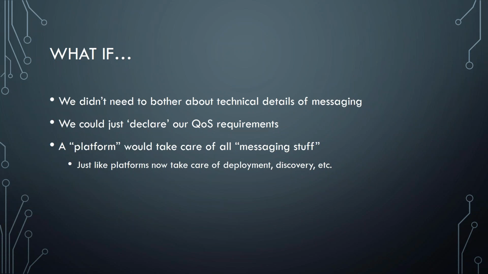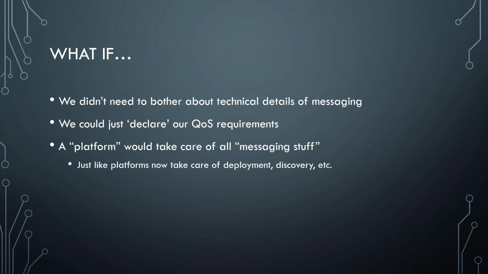Just like how we can have platforms nowadays take care of all the deployments and discoveries. If you use Kubernetes, you just deploy an application. You're not concerned about where's enough resources for me to deploy that, or how do I actually manage the fact that I want 5 instances of this, and where can I find them? All that is abstracted away into, in this case, Kubernetes.